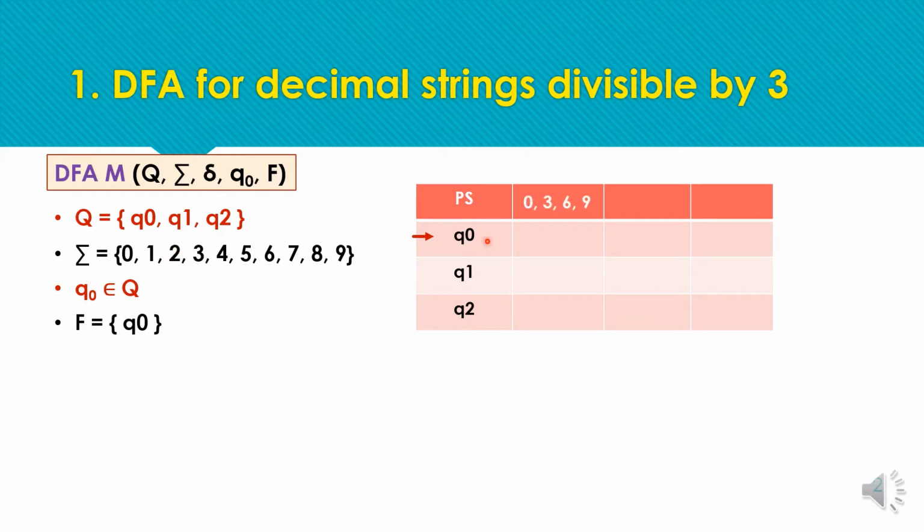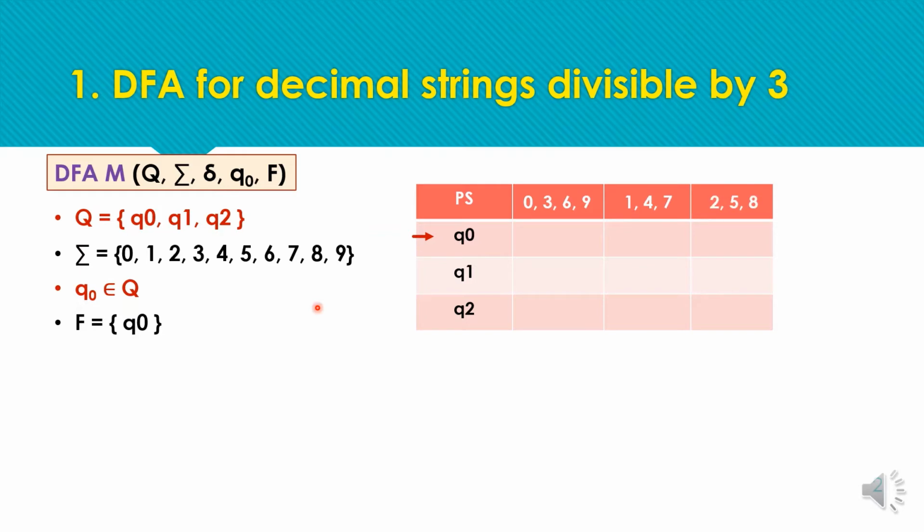The first set comprises all the digits having remainder 0 on divisibility by 3. The second set comprises all those digits for which we have remainder 1: that is 1, 4 and 7.